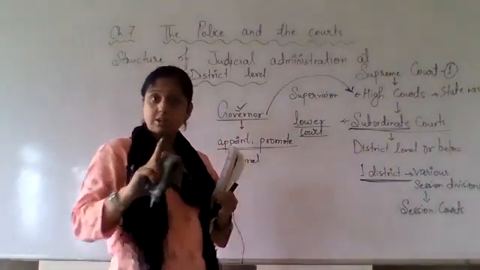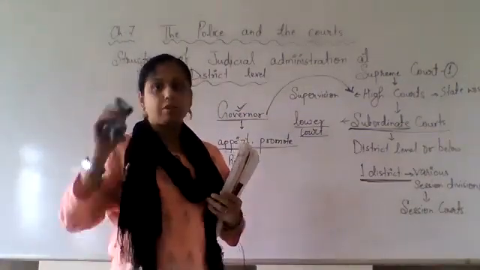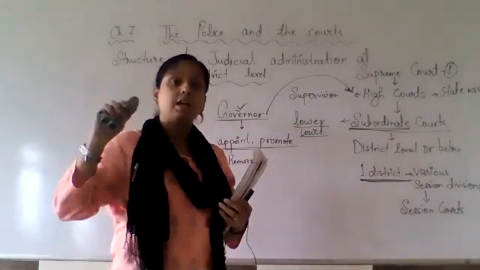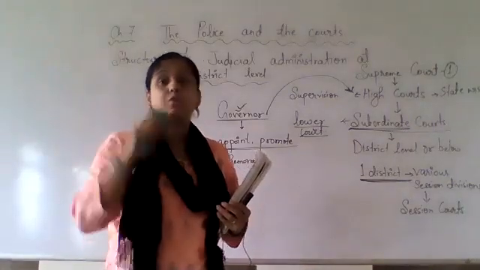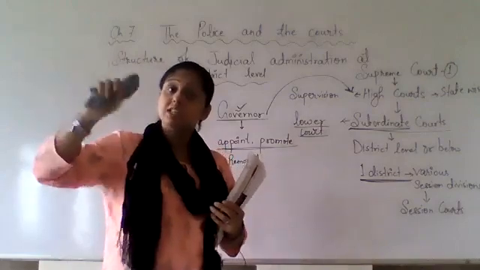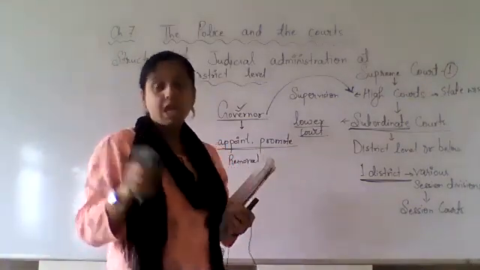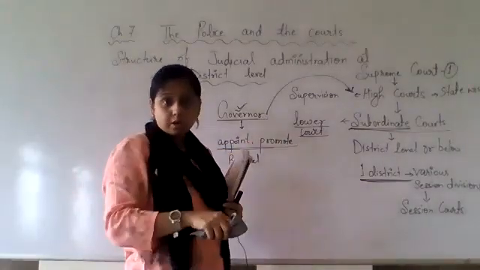Subordinate courts are the courts on the district level or below. It is not mandatory that one district will have one session court. They can have various session courts because one district is divided into various session divisions, and each session division will have a session court. They are also called lower courts.